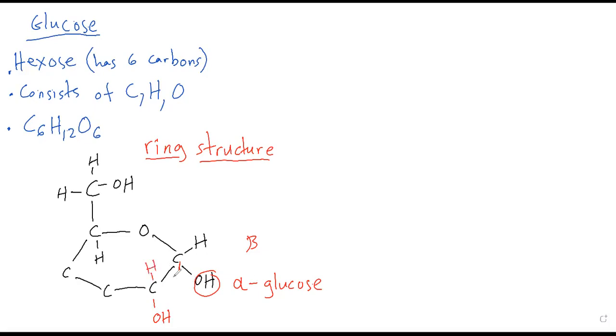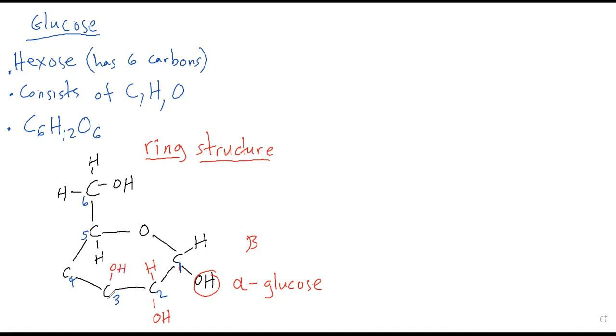This is carbon number 2. This is carbon number 3. So we start numbering from this carbon. 1, 2, 3, 4. This is carbon 5, and this is carbon 6. On carbon number 3, the OH group is on the inside of the ring.